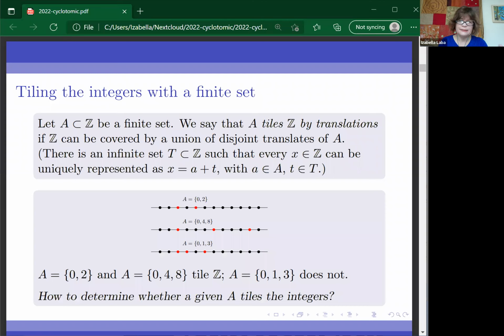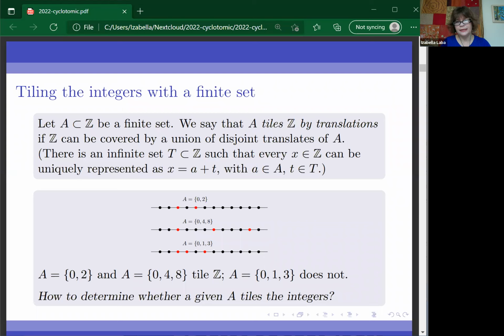So here are a couple of examples. If you take the set {0, 2}, then you can just put one more translate of it at {1, 3} and then keep repeating the pattern, and that's a tiling of the integers. Same happens for any set of 2 elements. If you take {0, 4, 8}, then that also tiles the integers by translations.